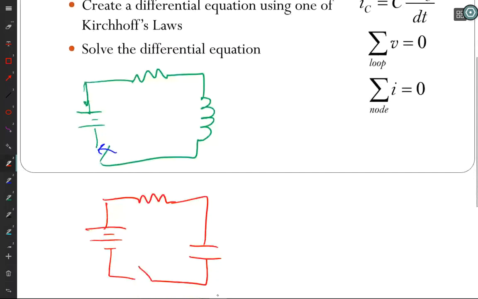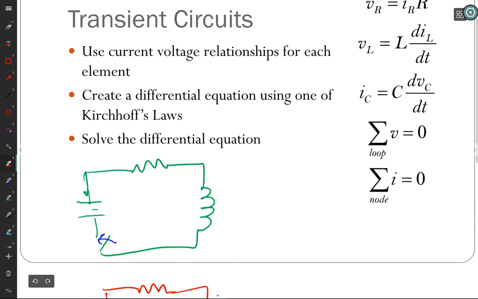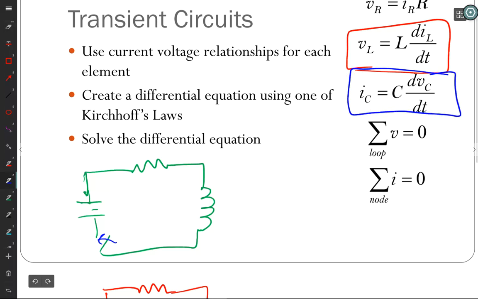If it contains an inductor, then you're going to use that relationship. The voltage drop across an inductor is equal to the inductance times the derivative of the current through the inductor with respect to time. If you have a capacitor, you're going to instead use this relationship. And then you use Kirchhoff's laws to create an appropriate equation.